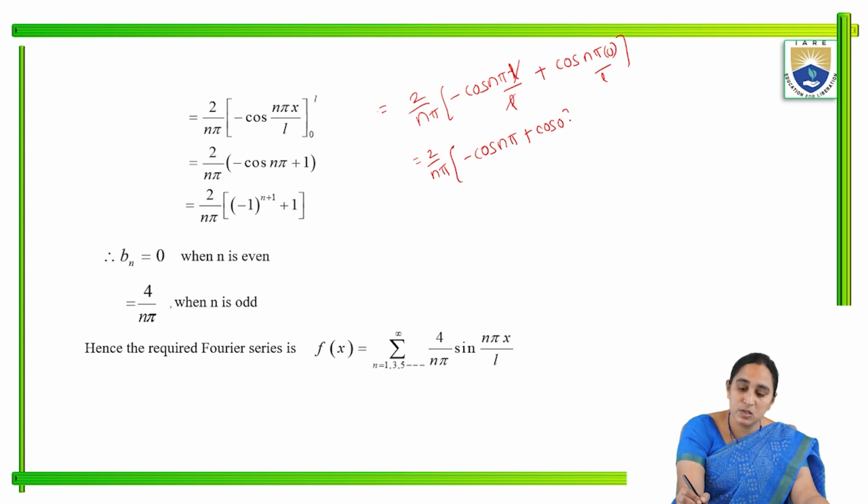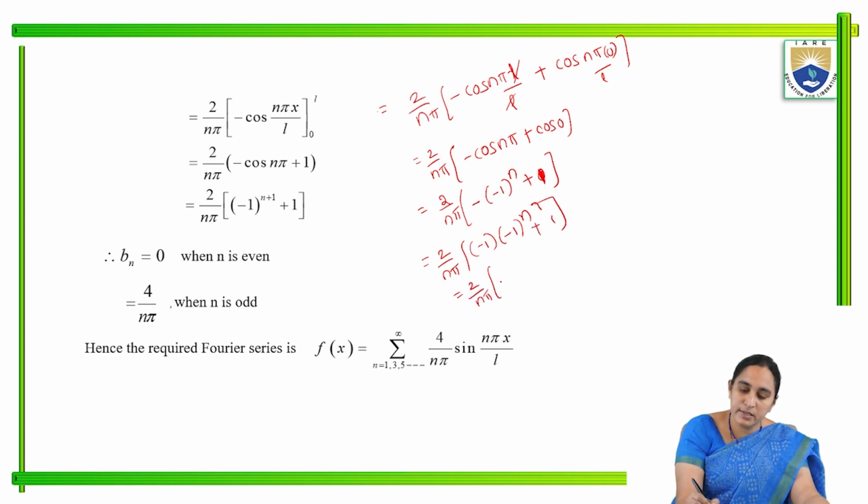The cos n pi value is minus 1 whole power n, and cos 0 value is 1. So that is 2 by n pi into (minus 1 whole power n) plus 1. Okay, this is Bn.